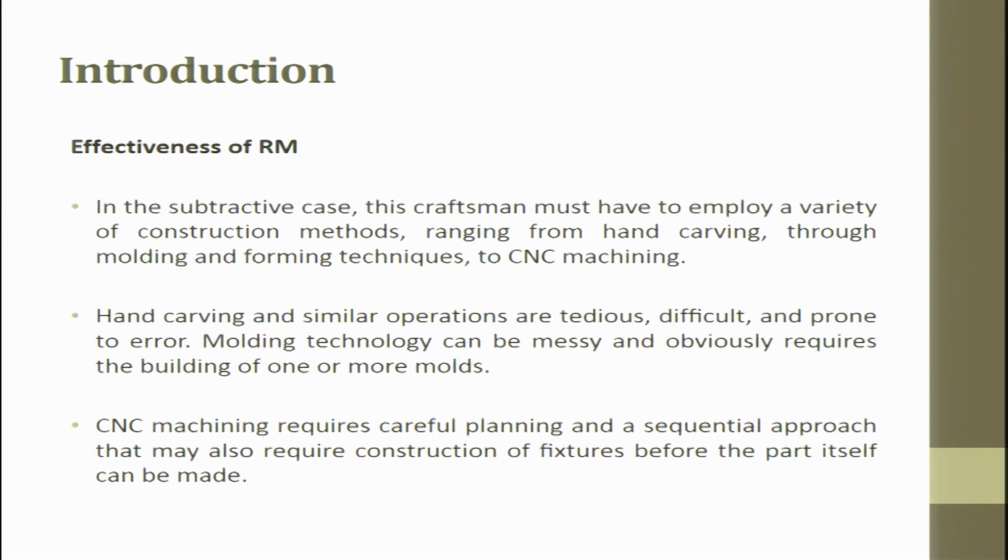In the subtractive cases, this craftsman has to employ a variety of construction methods, ranging from hand carving through molding, forming techniques to CNC machines. Everything the skilled man has to understand. Hand carving and similar operations are very tedious.